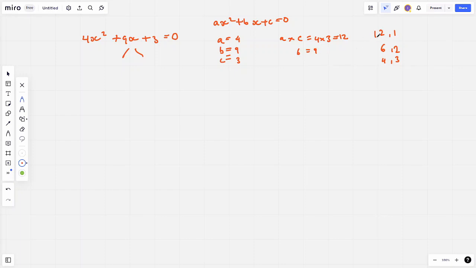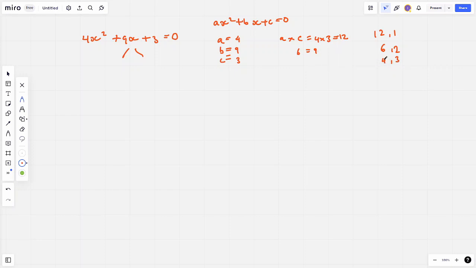So 12 plus 1, well, that's 13. If we do a sign change, we're not going to get to 9. 6 plus 2, that equals 8, not quite there. Again, if we do a sign change, we won't be able to get that 9. And finally 4 times 3, that equals 12, but when you add them, that equals 7. Likewise, we can't get to 9 even with a sign change.